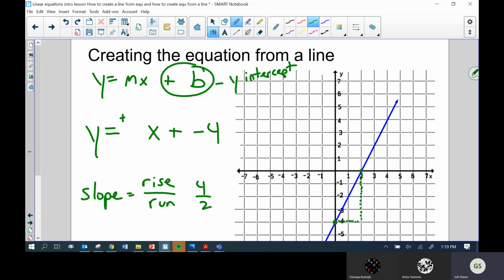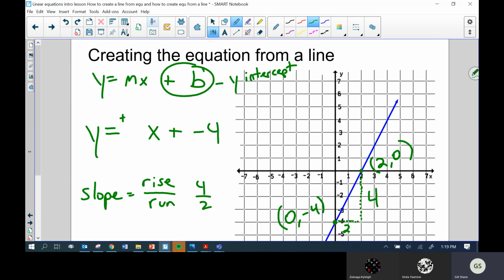My vertical is 4. So like I said, the fancy definition is the vertical distance, which is just 4. That's my up and down distance, divided by the left and right distance, which is the distance between the x's. So you really could just subtract. This point right here is 2, 0, and this point down here is 0, -4.